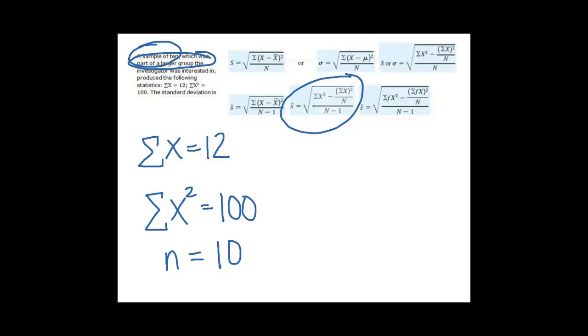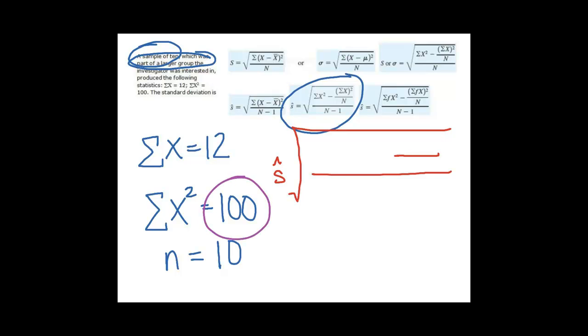So if our equation is S hat is equal to the square root, really big square root, give myself lots and lots of room, and then, yep, set up. Now I just want to make sure I choose the right things. First off, I need the sum of the squared values. That's the first term, and that's 100 in this case.